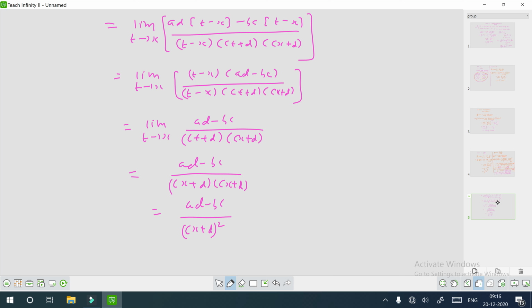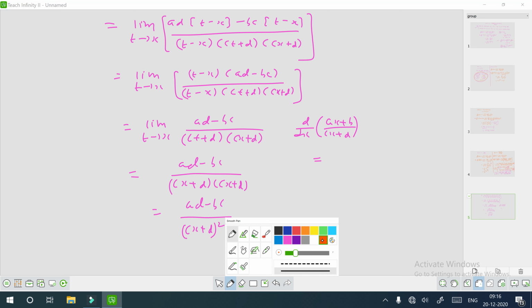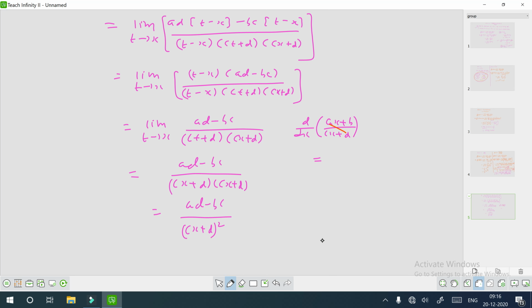So the derivative d by dx of (AX plus B) over (CX plus D) is equal to (AD minus BC) over (CX plus D) whole square. Right? Now give me the answer.